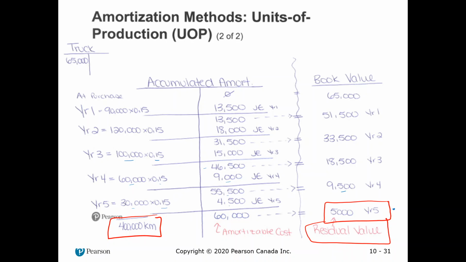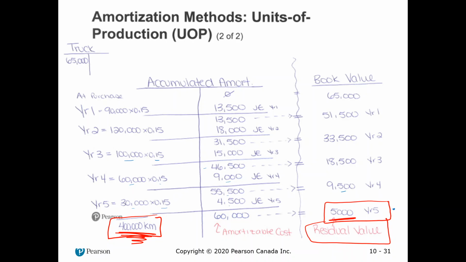So if we had the truck in year 6 and we drove it another 20,000 kilometers, we wouldn't record any more amortization because we've already reached the end of our useful life in kilometers. And we've gotten to this residual value, or our book value equal to our residual.